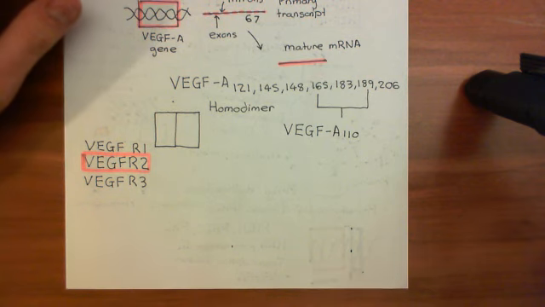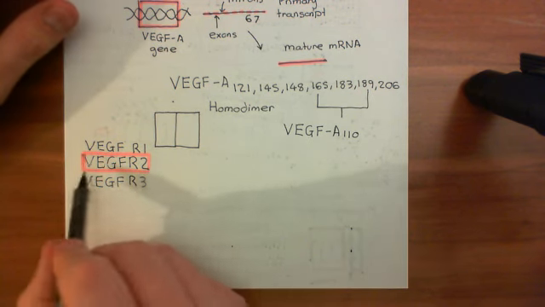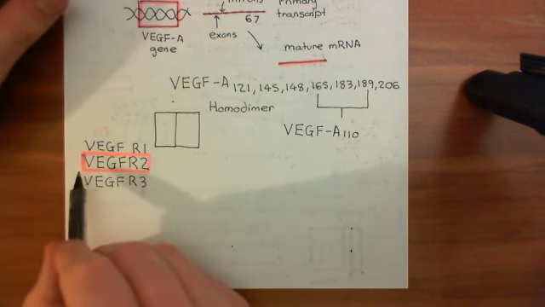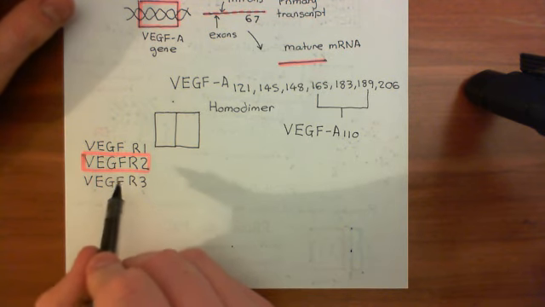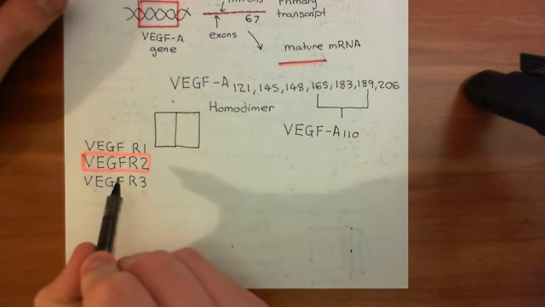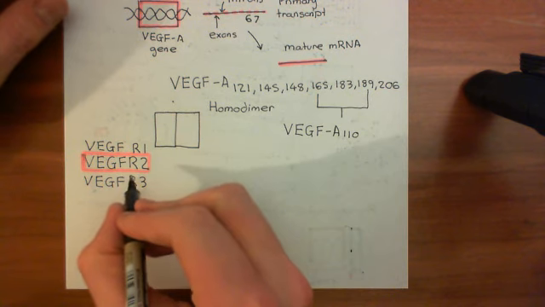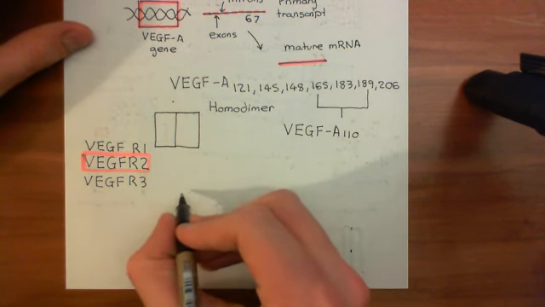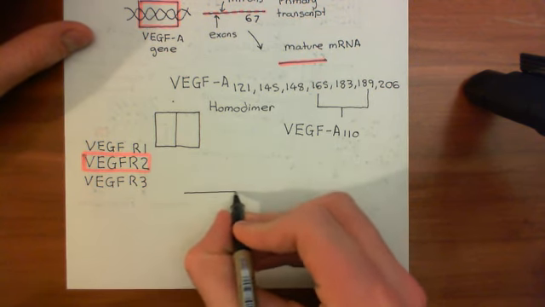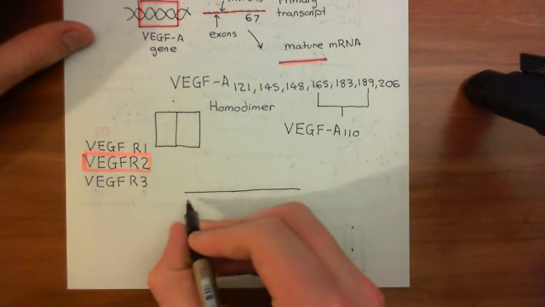Okay, but we're not going to discuss those. We're going to concentrate on vascular endothelial growth factor receptor 2, because this is the most important one in inducing angiogenesis or angiogenic results within the endothelial cells. So the endothelial cells will have vascular endothelial growth factor receptor 2 molecules on their cell surface membranes.